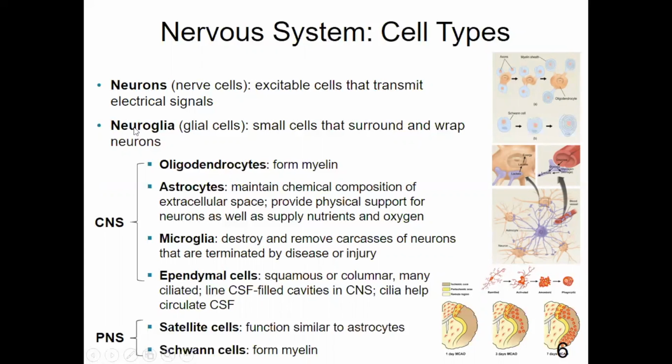Neuroglia or glial cells are supportive cells. So glial cells aren't transmitting specific information the way neurons are. They are working to support the neurons. So on this slide, we see 6 different glial cells. 4 of them are in the central nervous system and 2 of them are in the peripheral nervous system.